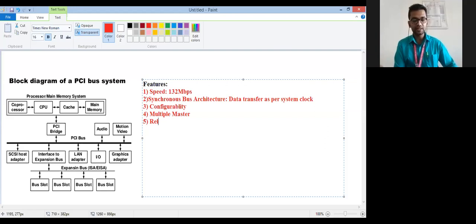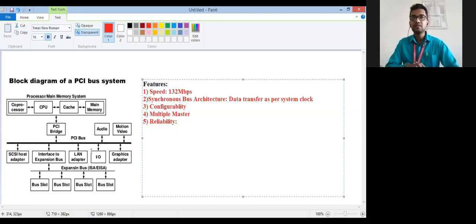Then reliability is a key feature. It offers the ability to replace modules without disturbing a system's operation. Suppose your printer is not working correctly while the rest of the devices are working correctly. You remove the printer and install another printer, but the rest of the devices are not affected by this replacement.